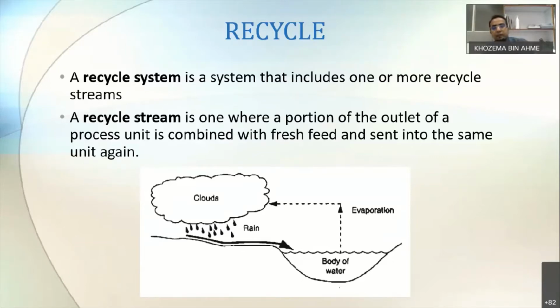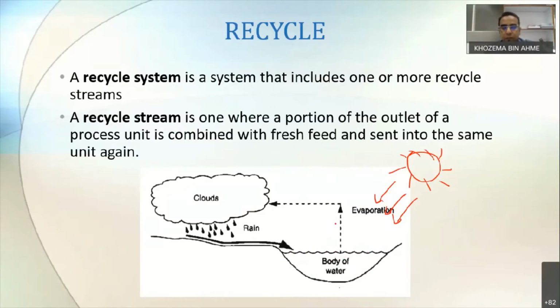But this is just an example for you of how recycle happens in nature. For example, let's say you have a body of water, a lake. When there's sun, let's say this is your sun, the sun will heat up the surface of this water, and because of accepting the radiation from the sun, the water will be converted into water vapor.